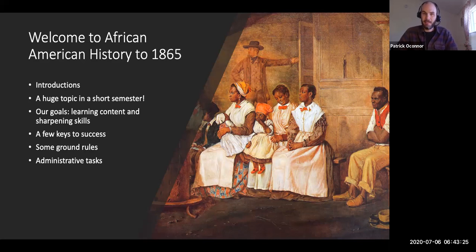Just a couple keys to success, things to keep in mind as you work your way through the class. I'm sure some of you have taken a short semester course like this before, and I'm sure many of you have not. I think it's extremely important in a 6-week semester to be aware of deadlines and to meet deadlines as much as possible.